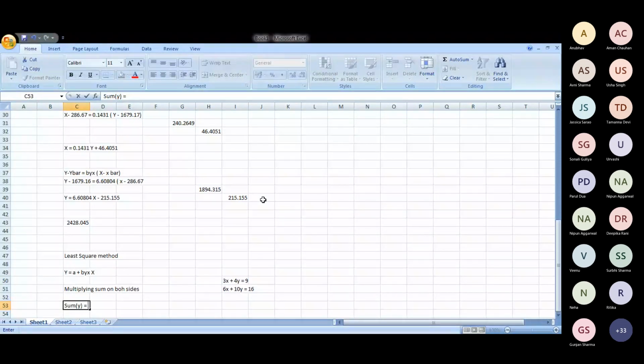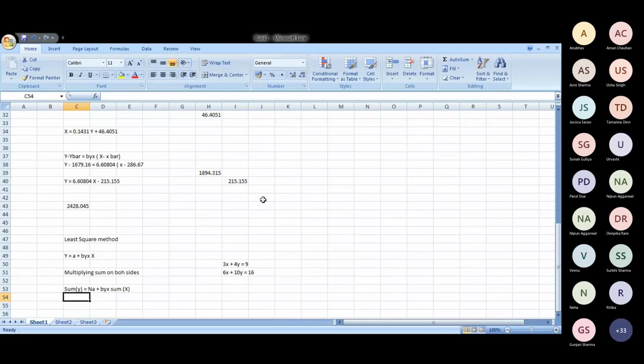Summation a means a plus a plus a plus a, which can be written as n into a, plus byx summation x. So this becomes your first equation: summation of y is equal to na plus byx summation x, by multiplying summation on both sides.